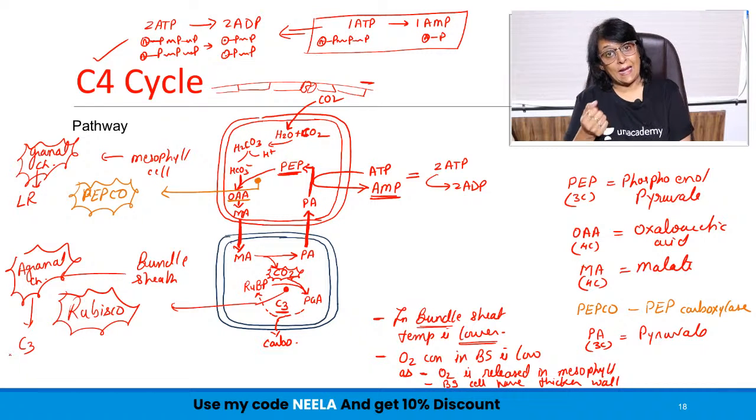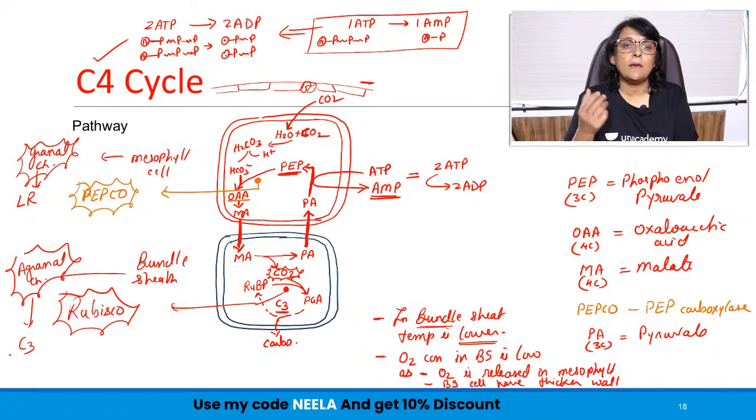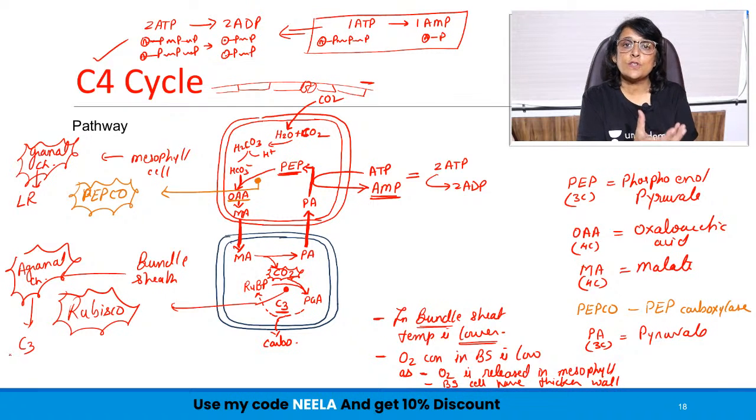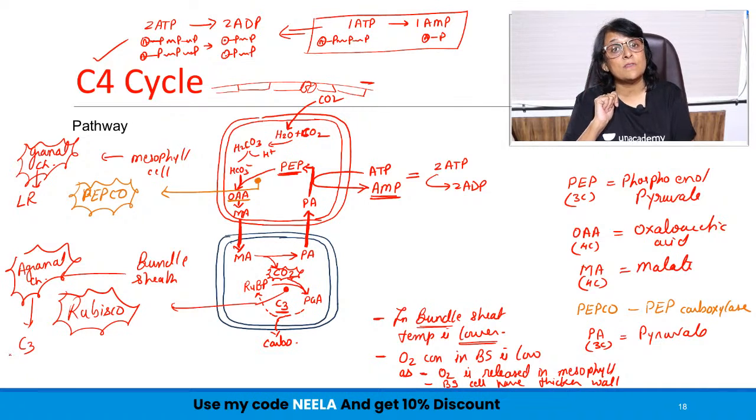So if a plant is growing in warmer areas, it will always keep going through photorespiration. And photorespiration we know is a destructive process. The carbon compound which is formed is broken down, and slowly one by one that carbon is released in the form of carbon dioxide.